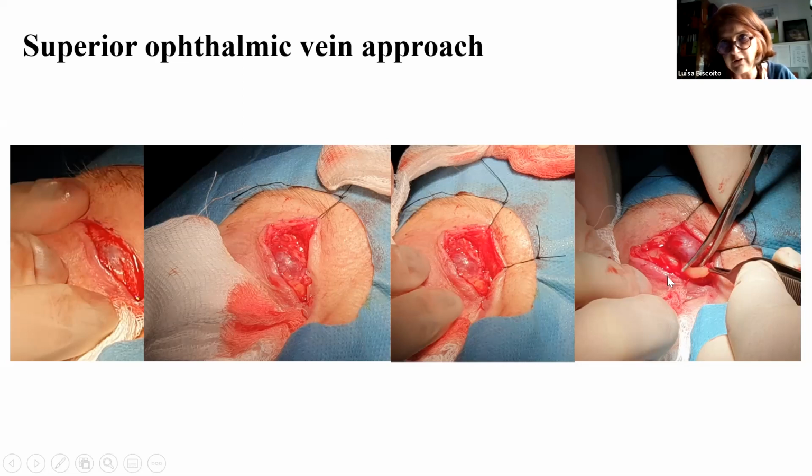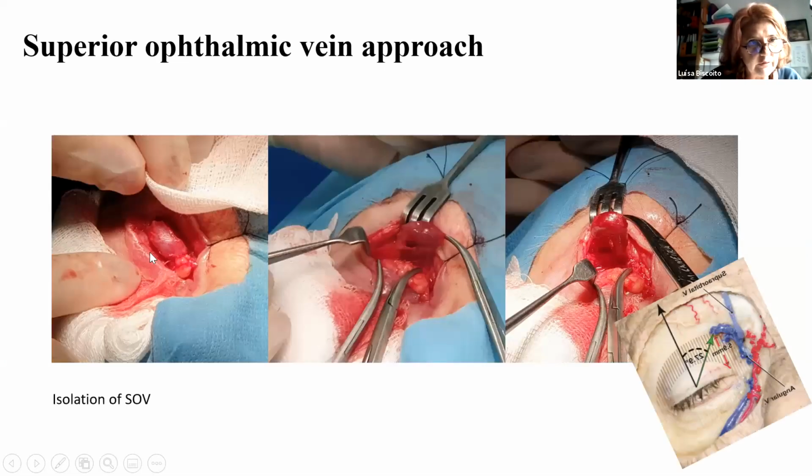This is the fat, and the vein exposed, that big curve that the ophthalmic vein does at the junction with the angular vein nearby. Here it is exposed. We see here very completely arterialized. So this part here of the vein.